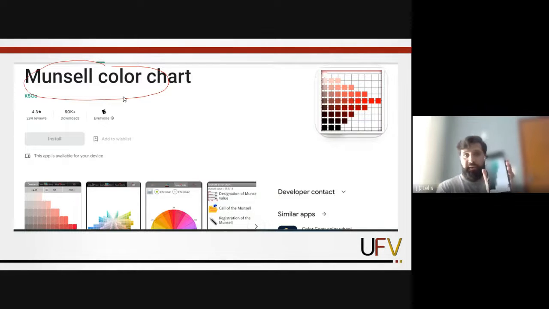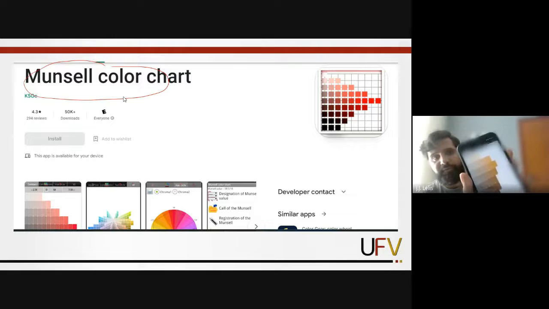With this app, I can change the color, so we can see some green colors, some blue, some purple, some red colors here, and you can see some yellow colors.